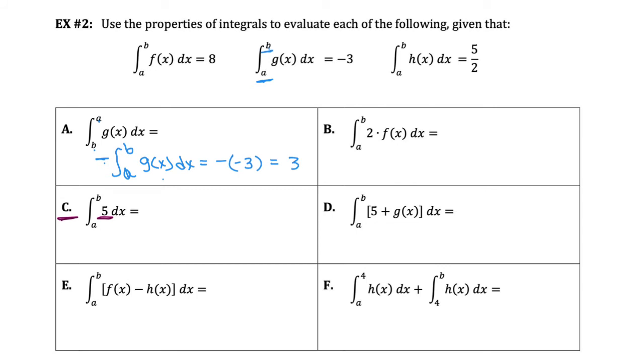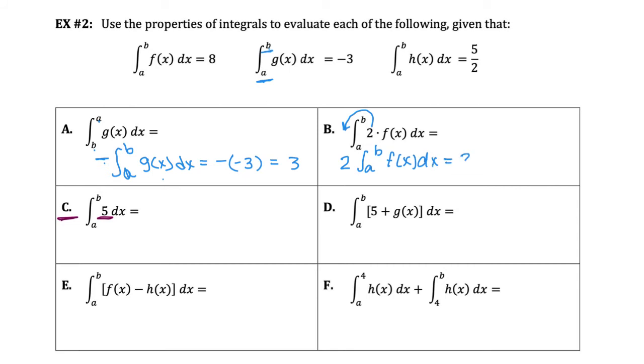On B, I know nothing about integrating 2 times f of x dx. But if I pull out the 2, that's 2 times the integral of A to B of f of x dx. This I know something about.